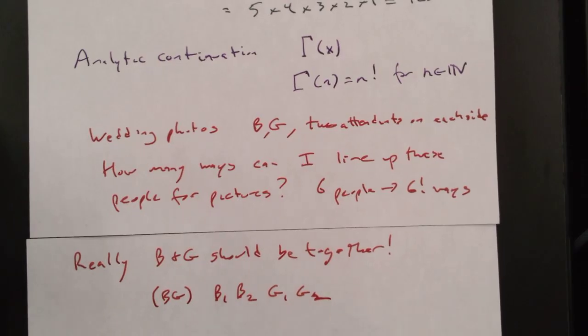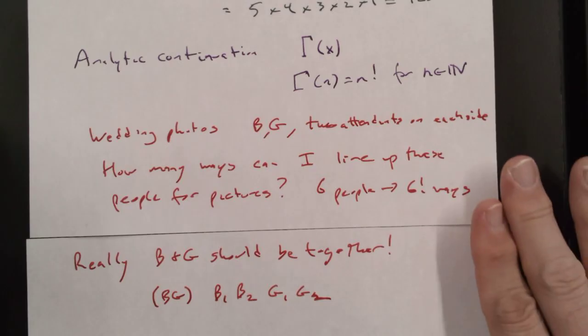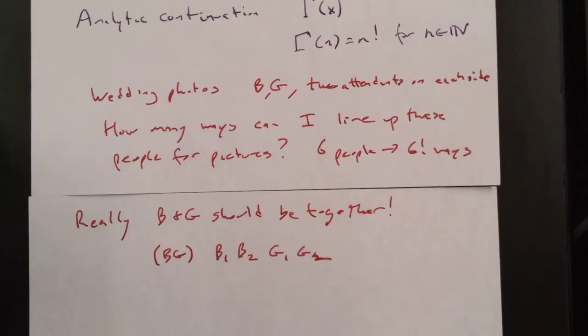So then I get the bride and the groom, bridesmaid 1, bridesmaid 2, groomsman 1, groomsman 2. And I can think of these 5 objects. How many ways are there to order 5 objects? But we wrote down that number, that's 120, right?